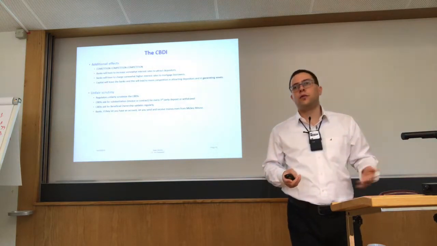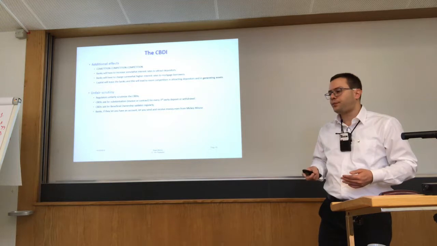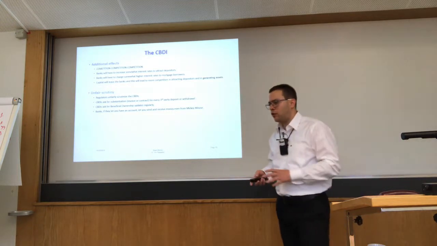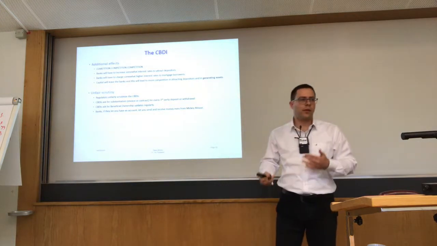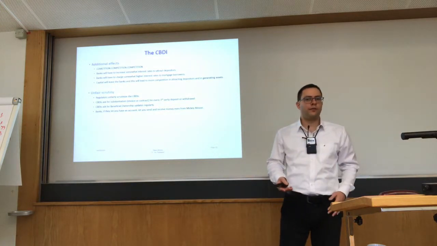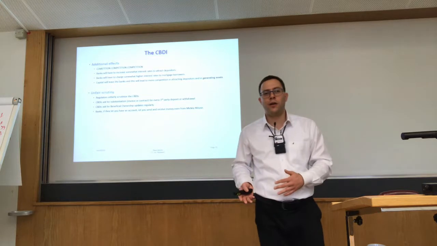That's the real macroeconomic effect that's changing our economy and changing the world, but you can't really see it, you can't really feel it because you don't know how it would be without it.